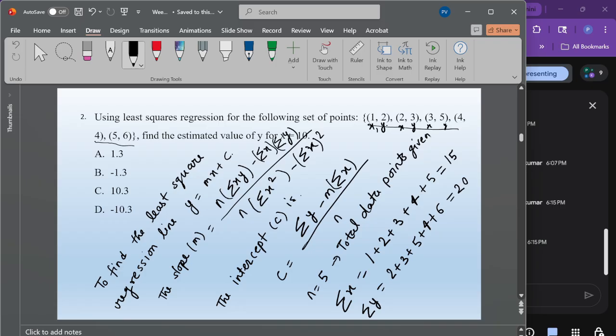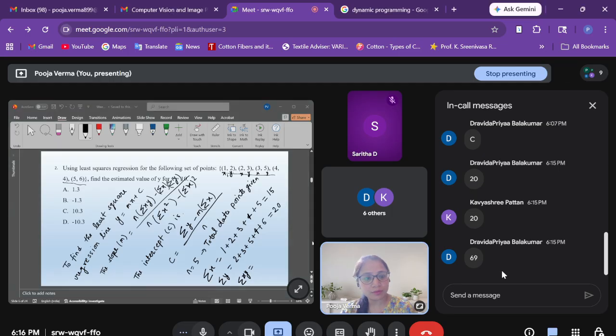Now, similarly, we need to find summation of xy, right? So it is a simple multiplication. 69, correct.